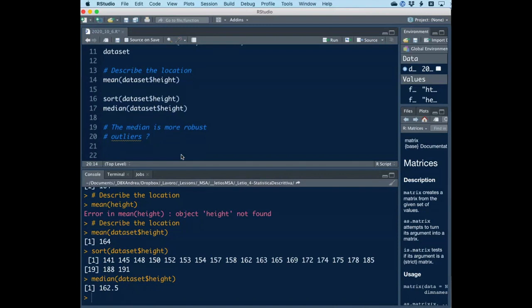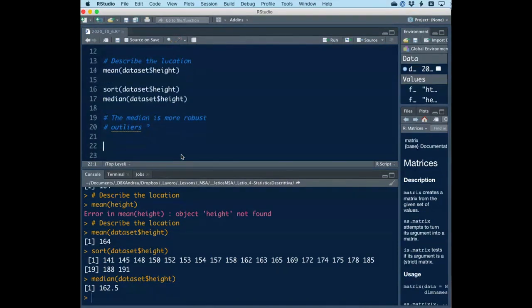Let me tell you. Just imagine that we have a data set. We call it Y, and I'll make a vector, and I'll write 10, 12, 13, 14, 16. So a very normal data set.